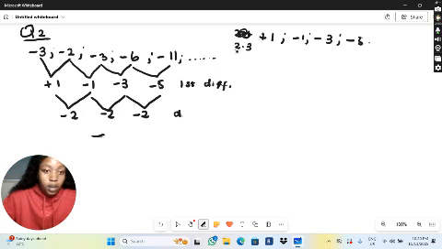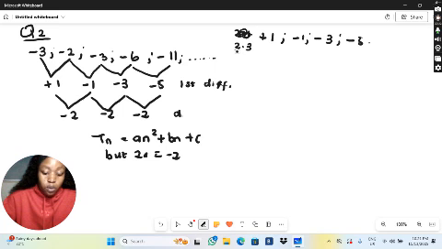Okay, so we're going to have Tn is equal to an squared plus bn plus c. But 2a is equal to negative 2. 2a is equal to negative 2.